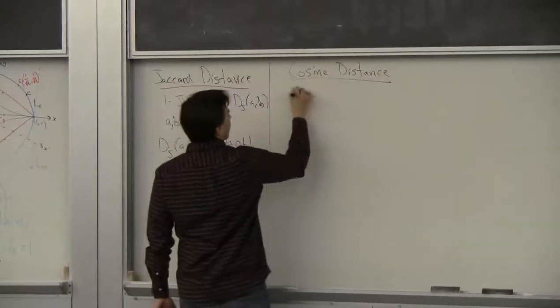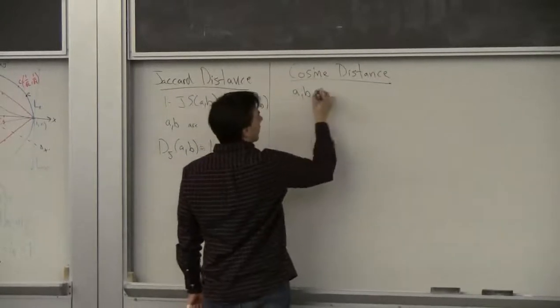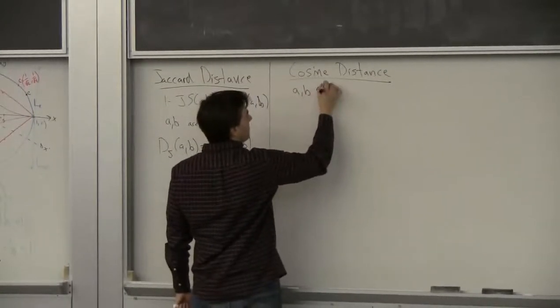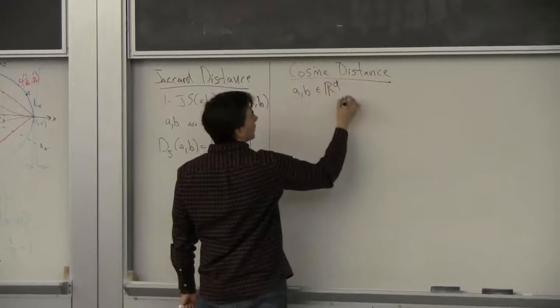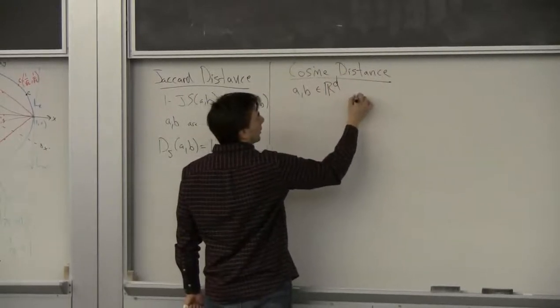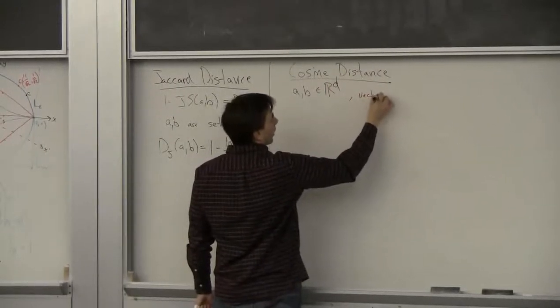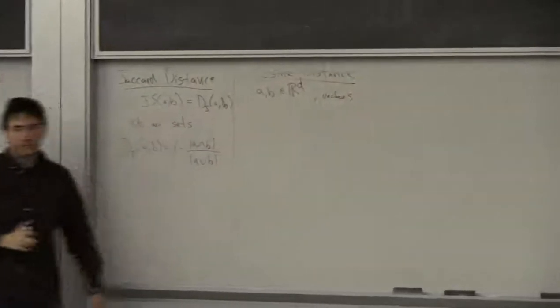And so this will again be defined on A and B, where they're in R^d. So that means that these are vectors.